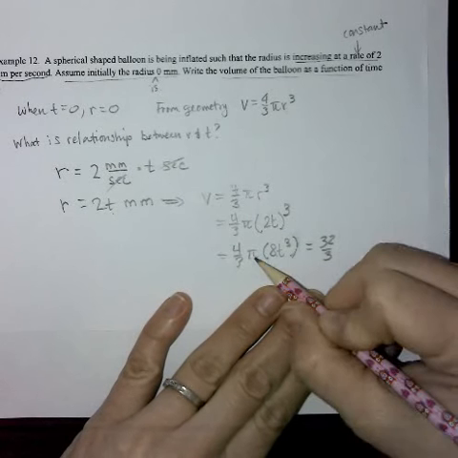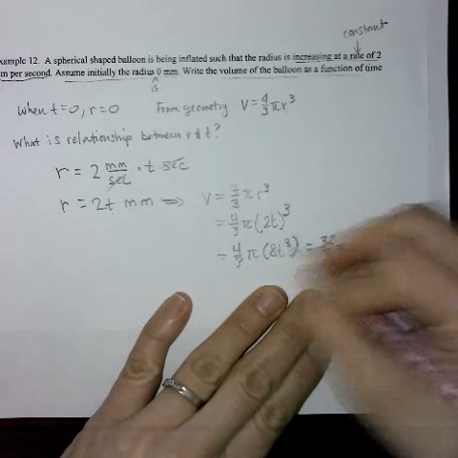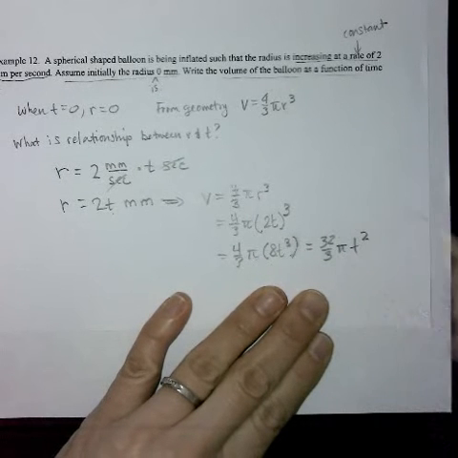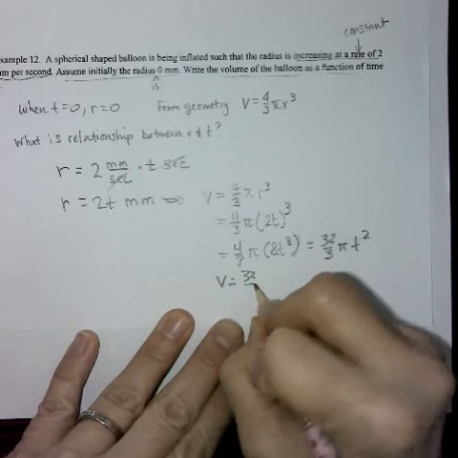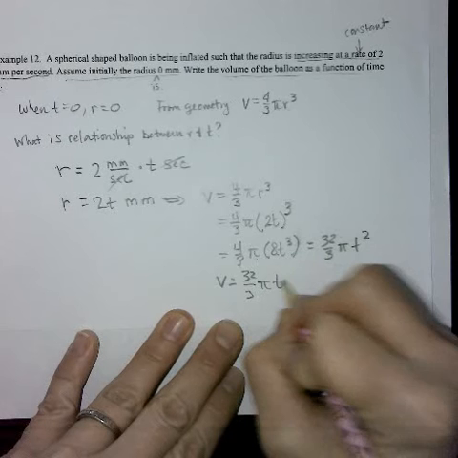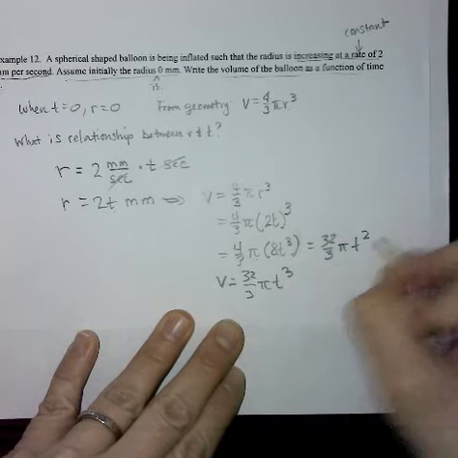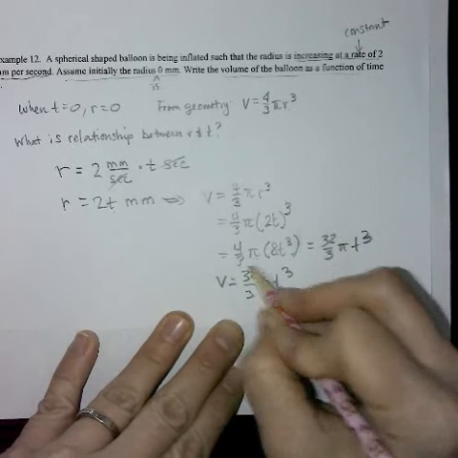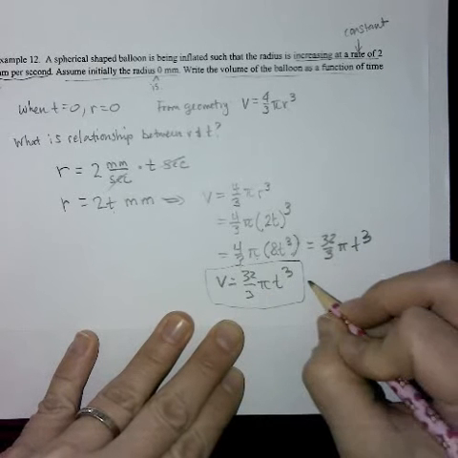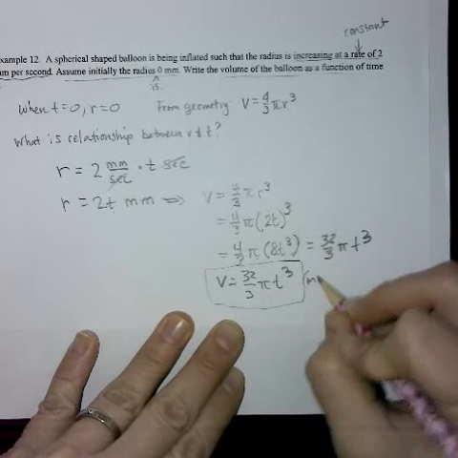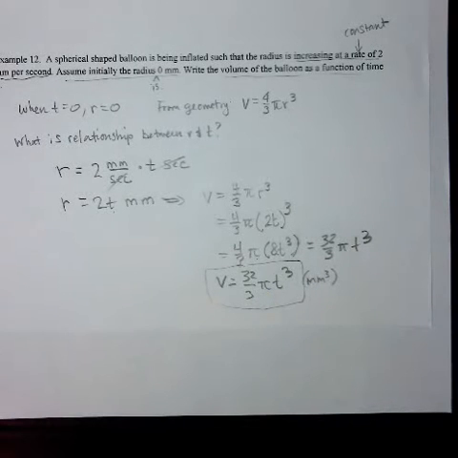And then we've got the pi, that's also a constant, and then t cubed. Now the volume, if we know how many seconds have passed, we can find the volume. That's a 3, sorry. Volume is 3-dimensional, and millimeters cubed would be the units if we actually did know the time.